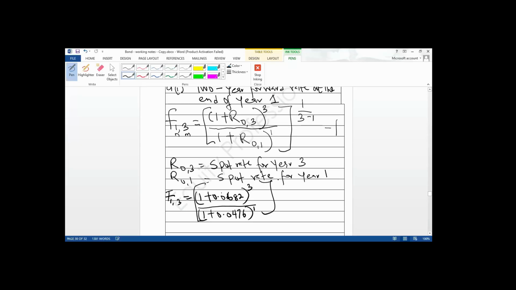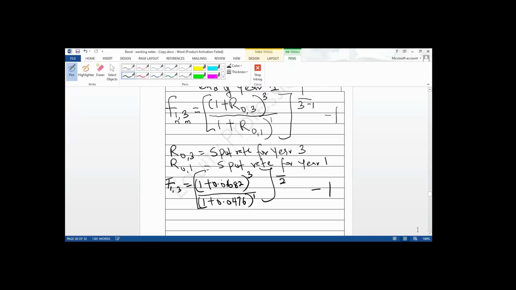Close your brackets. 1 over 2 minus 1. Please work this out and give us the final answer.